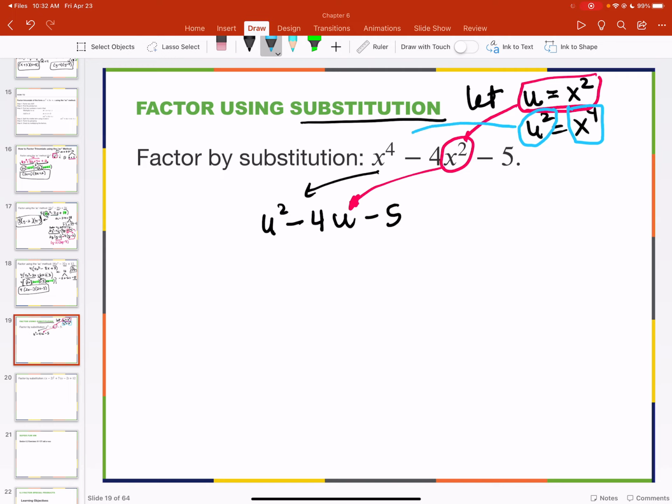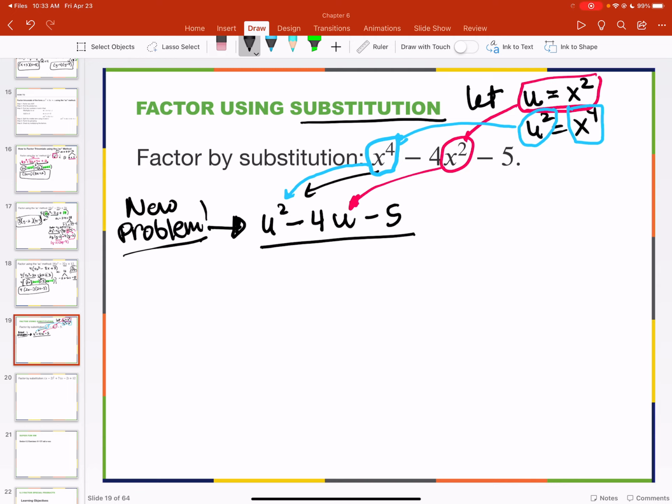So this x to the power 4 is going to become u squared. That's what substitution is here. So now that I substituted, you should look at this as a new problem. Just look at here, u squared minus 4u minus 5.